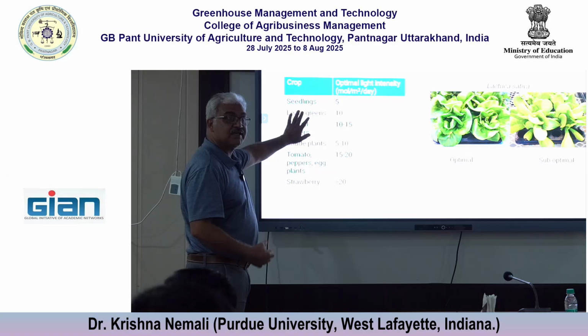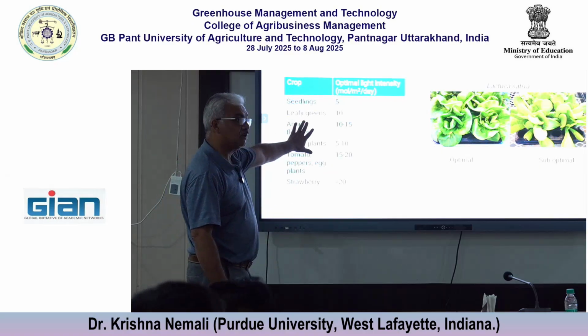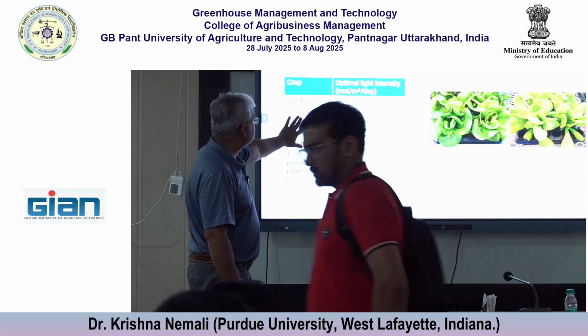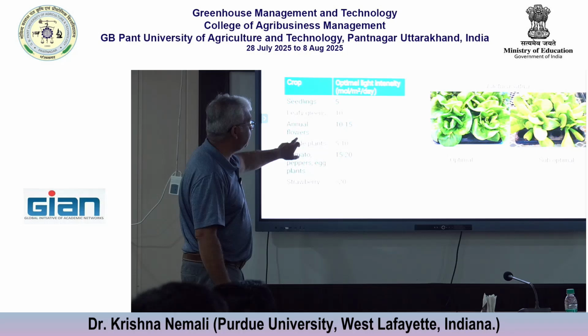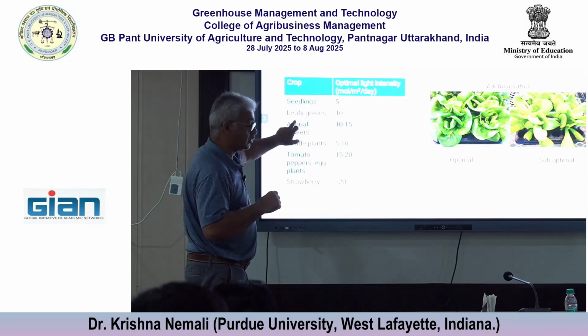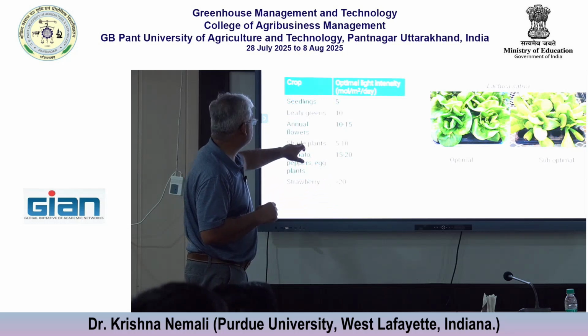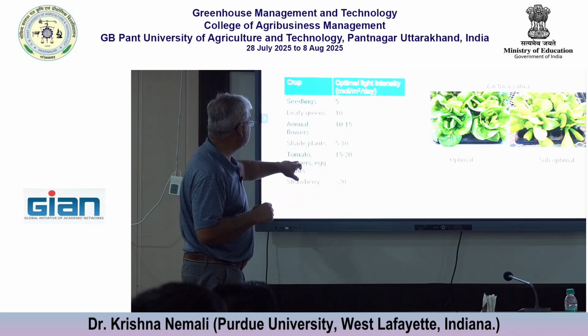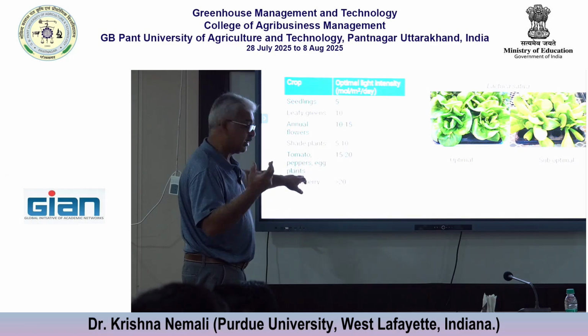So while they take a look at it, I want you to look at this table. On this table, I put different categories of plants. You can see seedlings, tiny seedlings, leafy greens, annual flowers, shade plants, vegetables like tomatoes, peppers, eggplants.